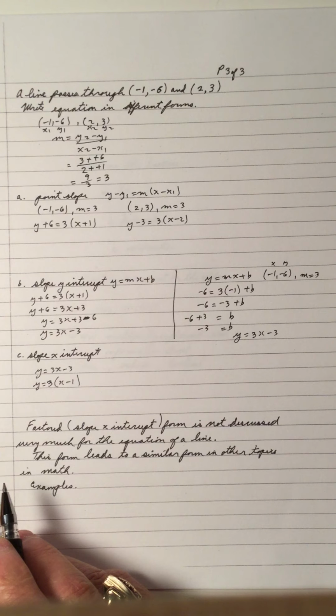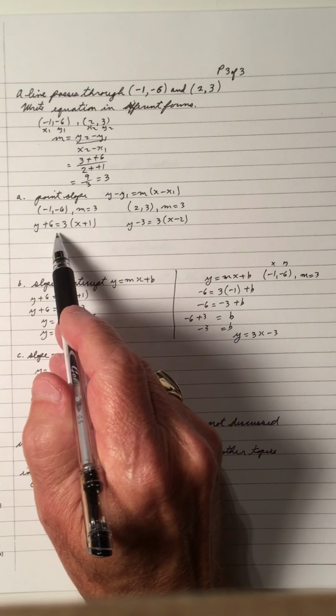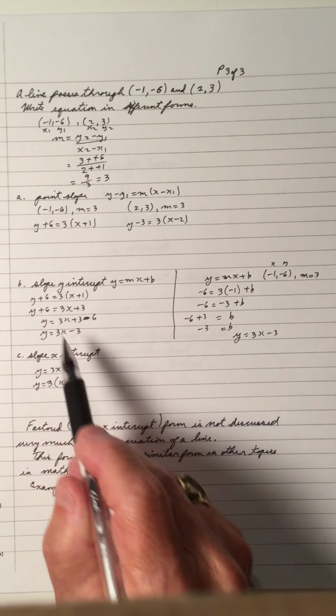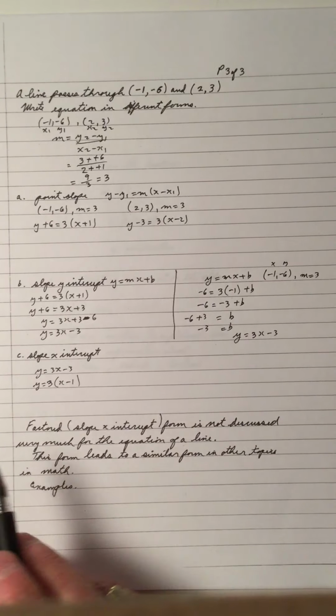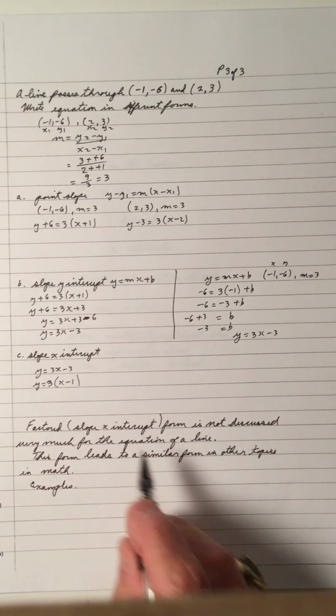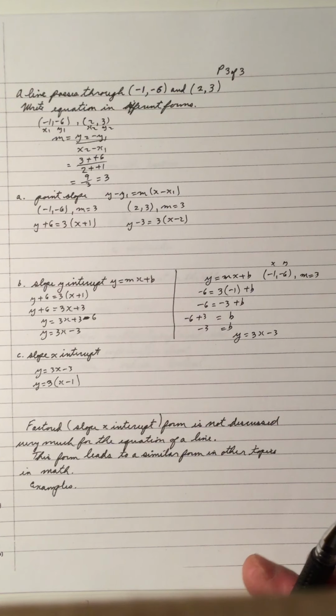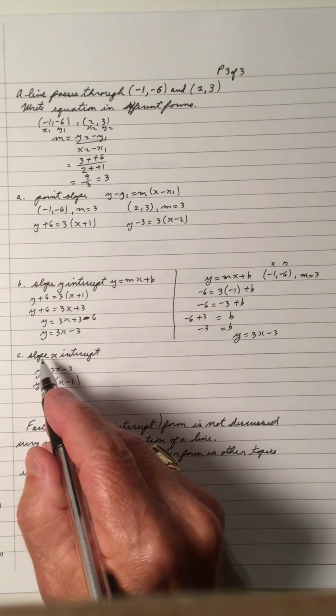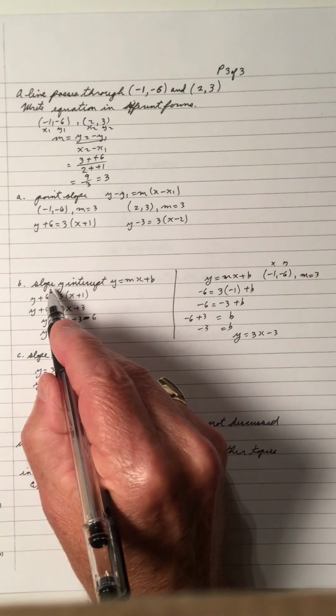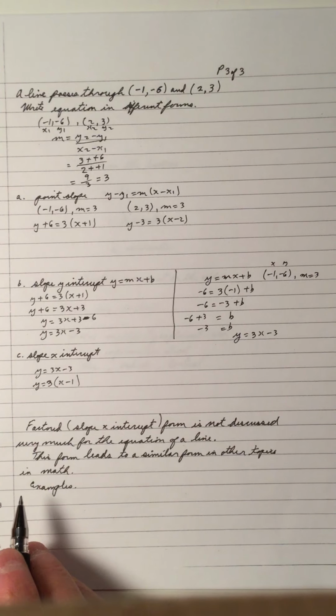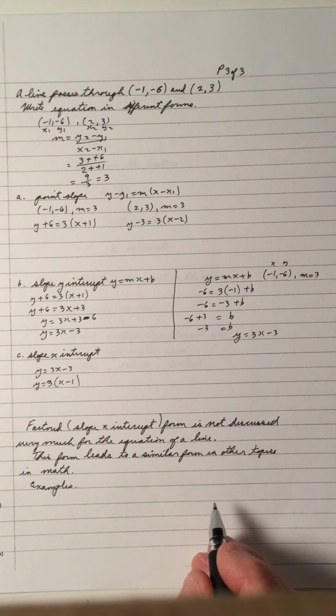So many forms. You could multiply this one out and get this form and then factor it. So it's your choice. The slope x-intercept form comes out of the slope y-intercept form. That's probably the best way, the safest way to do it.